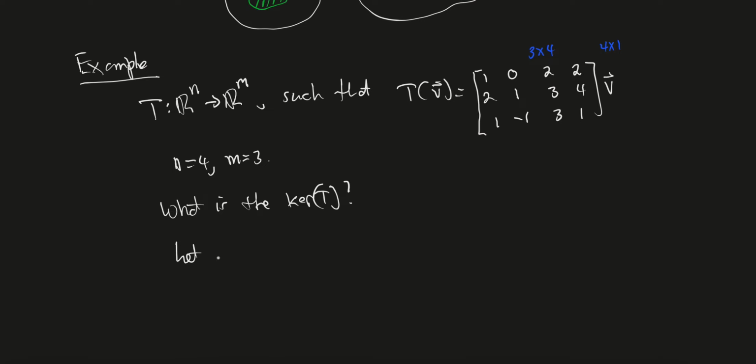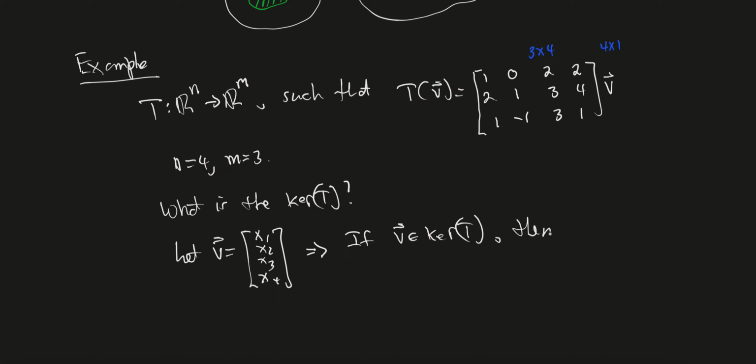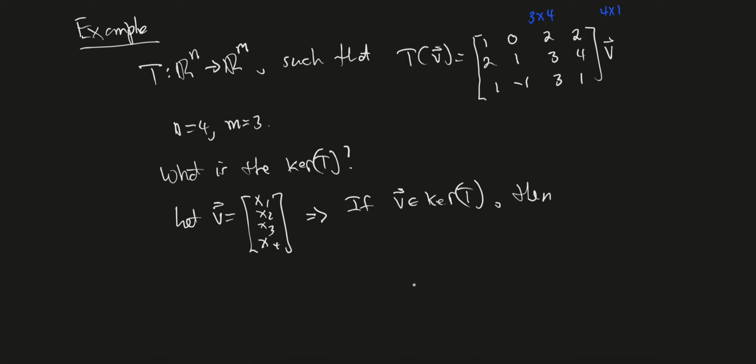So let V be the generic vector in R4, x1, x2, x3, x4. Therefore, if V is in the kernel of T, if V is an element in this special set which we're calling the kernel, then this must be true.